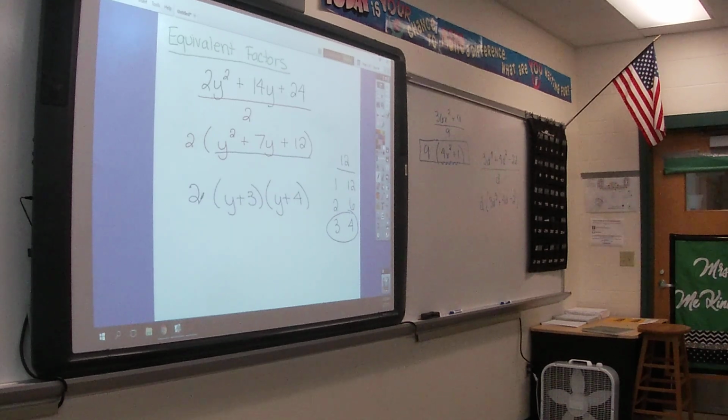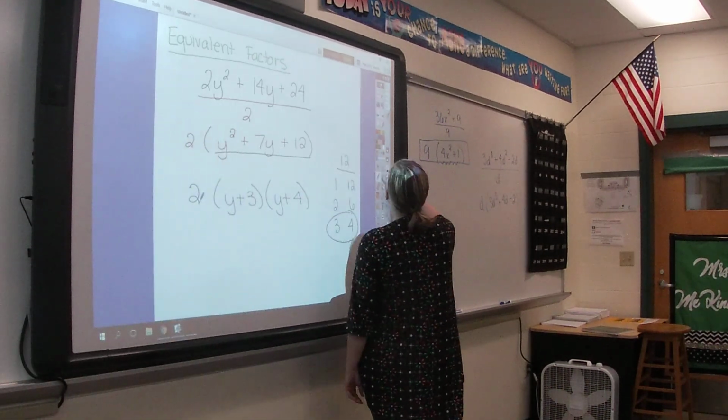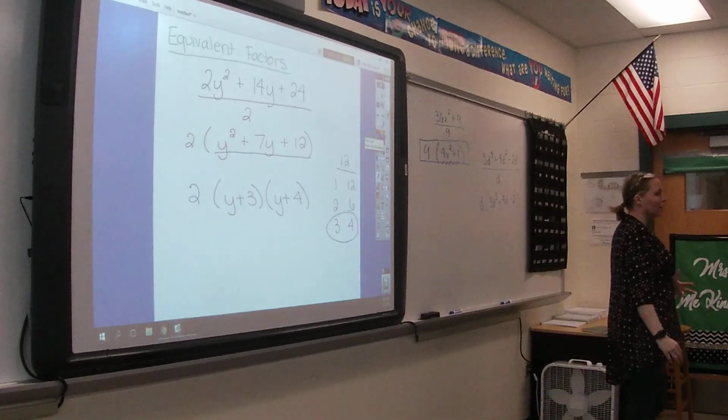Okay, but that doesn't mean we have found all of the equivalent factors. We have found some though. So equivalent factors are the sets that happen all the way along the way.